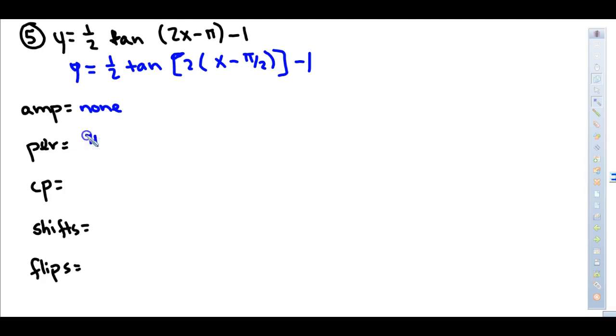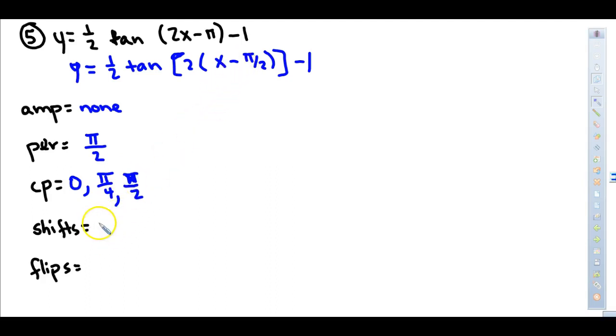Period is pi divided by the absolute value of B. So critical points 0, and then half of the period, and then the period itself.